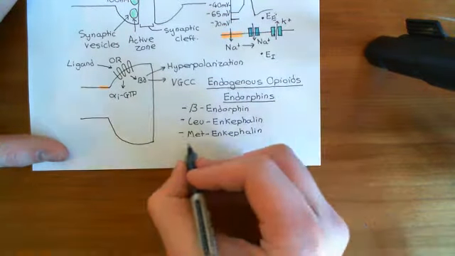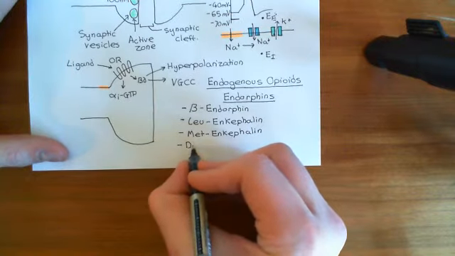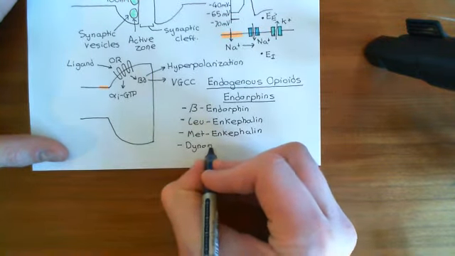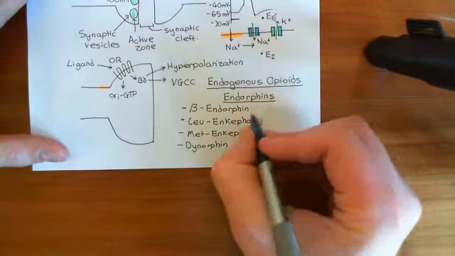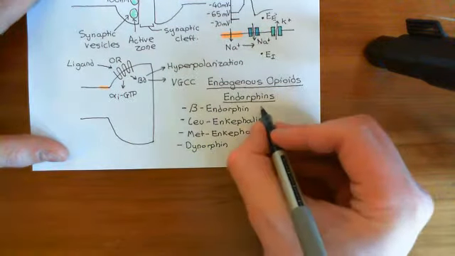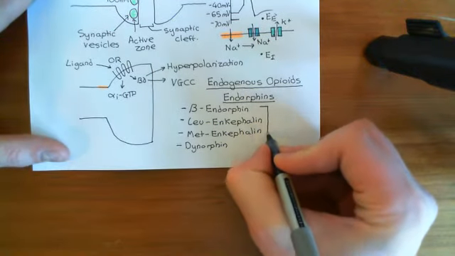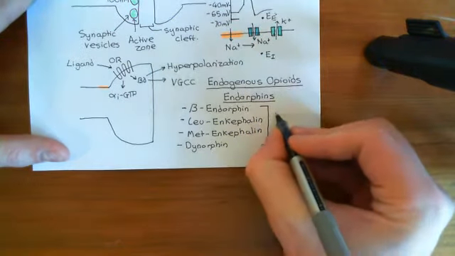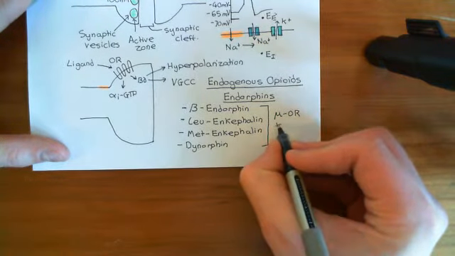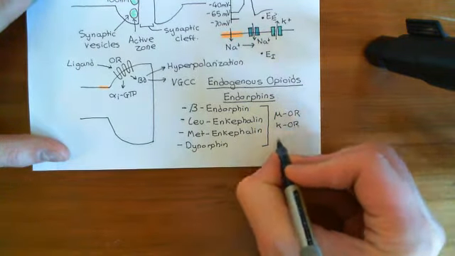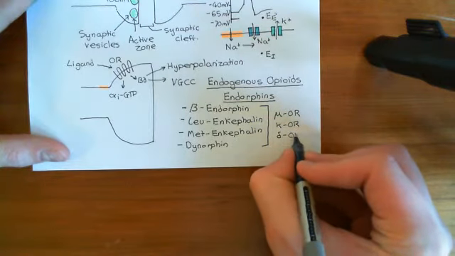And then one final example is dynorphin. Again it's got the orphin suffix, to imply that it's an endorphin. Right, okay, so all 4 of these are agonists for the mu opioid receptor, for the kappa opioid receptor, and also for the delta opioid receptor.